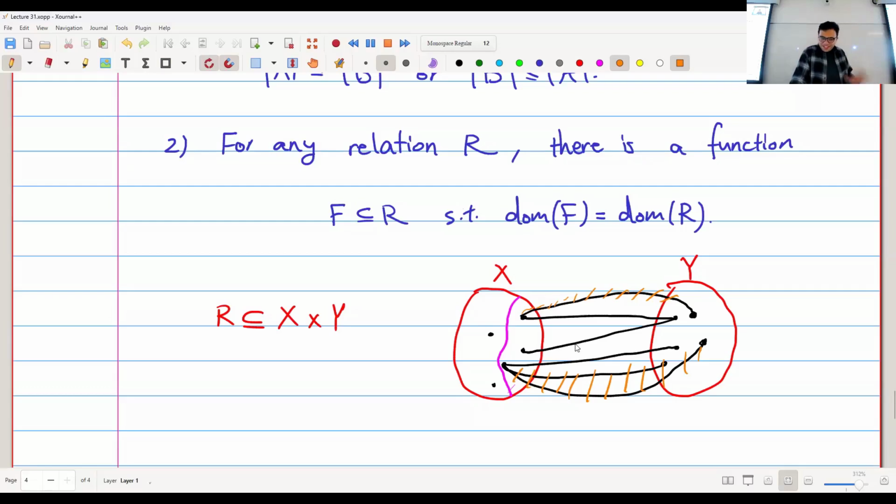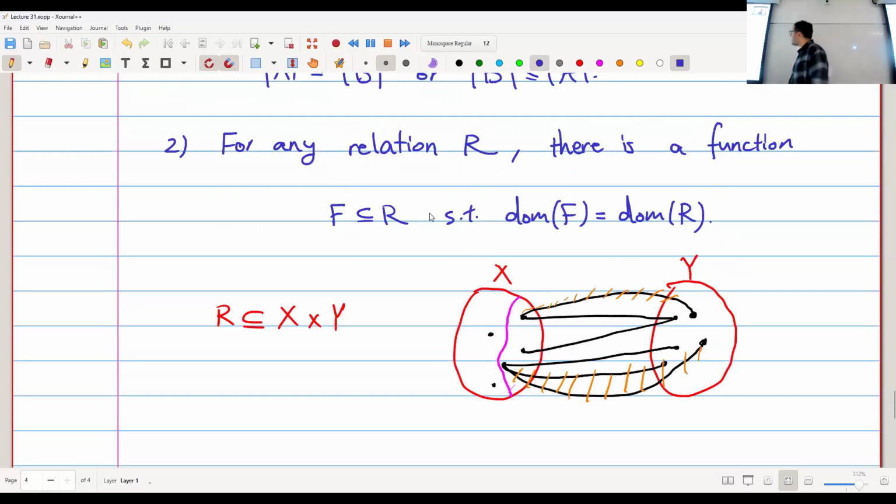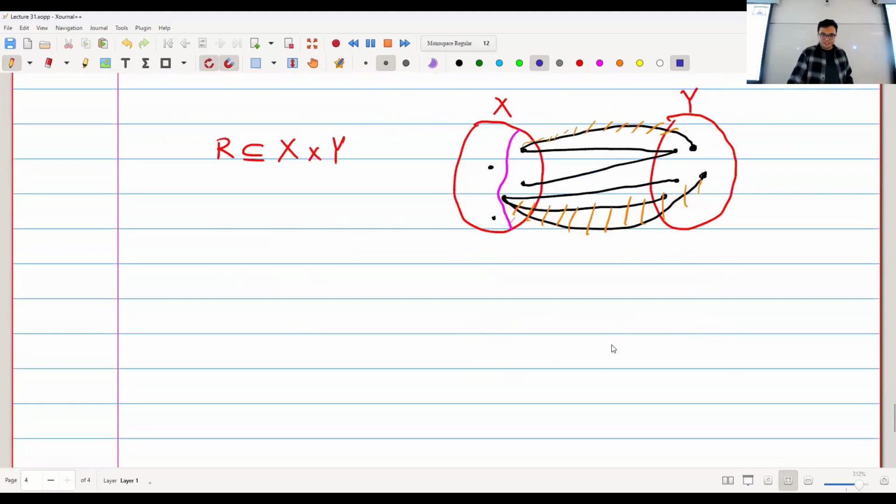This is something that seems very intuitive, but it's really not. Okay. So I'm going to give you some other equivalent ways, but you see why this is called the axiom of choice, right? Because for every element in the domain of f, I have to choose what this element is mapped to. And it's called the axiom of choice because it says that there is a way to make a choice.